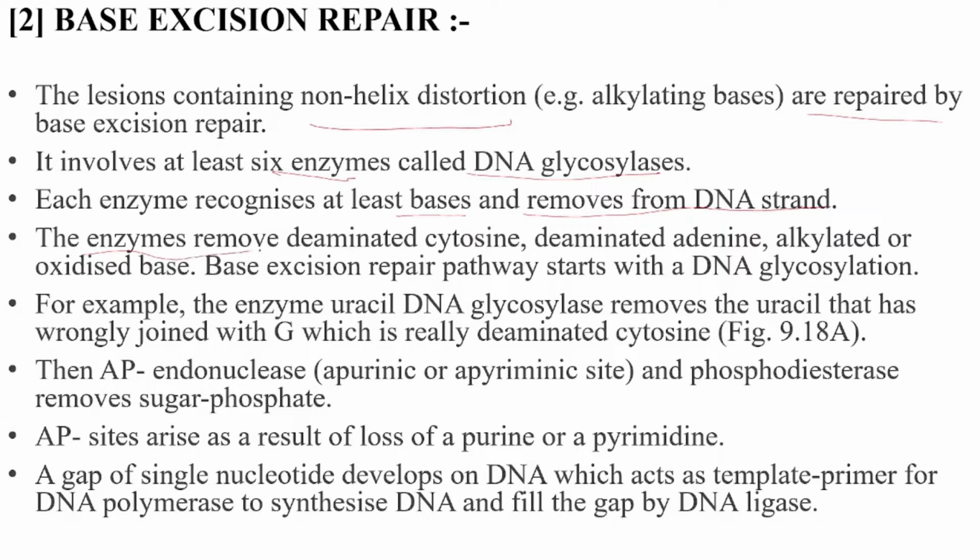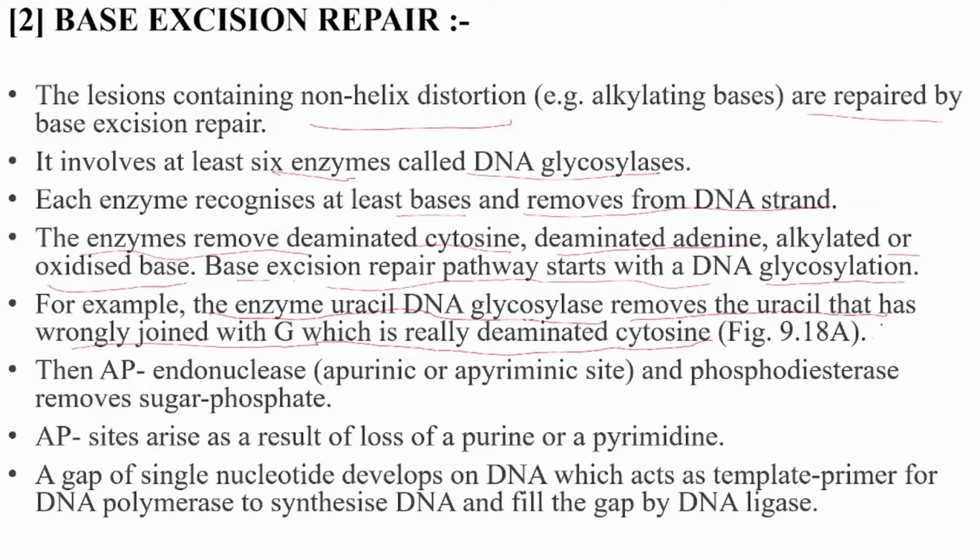The enzymes remove deaminated cytosine, deaminated adenine, and alkylated or oxidized bases. Base excision repair pathways start with a DNA glycosylase. For example, the enzyme uracil DNA glycosylase removes the uracil that has wrongly paired with G, which is really deaminated cytosine.